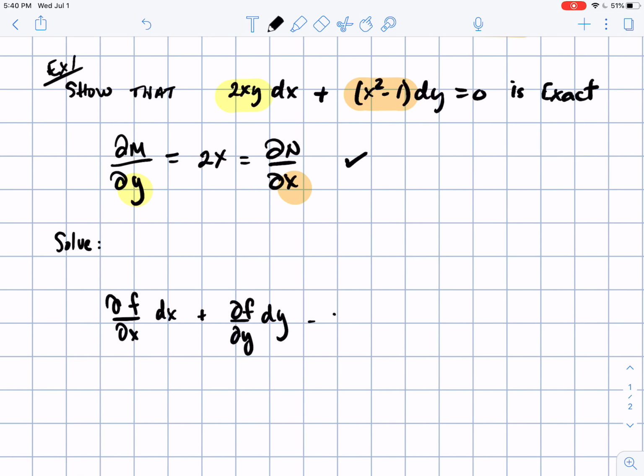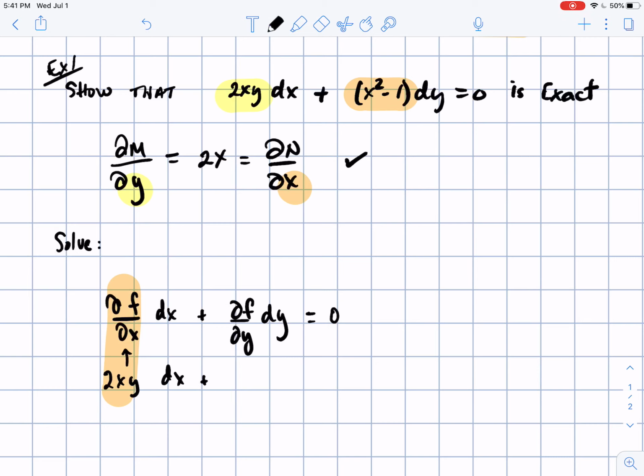equals 0. Okay, so if you're looking at this, and we're lining up what we started with, like 2xy dx, that's your partial with respect to x, okay?